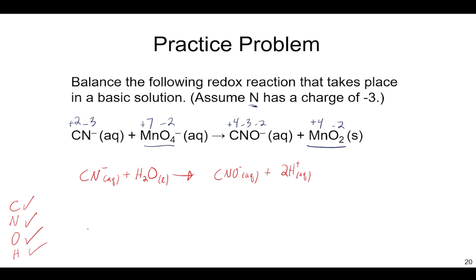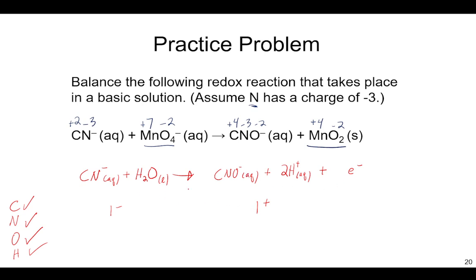Now I can balance my electrons. Overall on the left, it is 1-. Overall on the right, it is 1- plus 2 pluses, so that's 1+ overall. And so now I pick the bigger of these numbers, 1+, and I'm going to add electrons to that side. How many electrons?